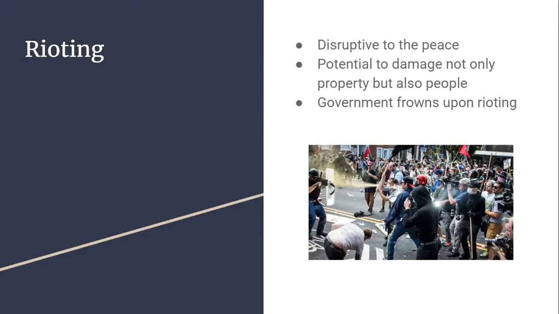This is a perfect example of when I talked about earlier the public space. This is disturbing the peace. This is an instance of the public domain being interrupted and disturbed by an action which the government is going to naturally try and prevent.